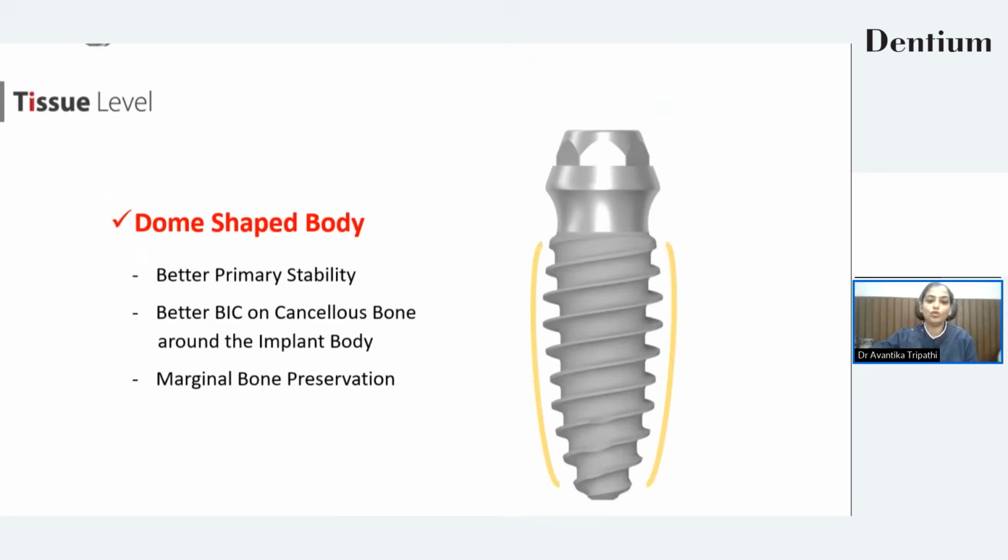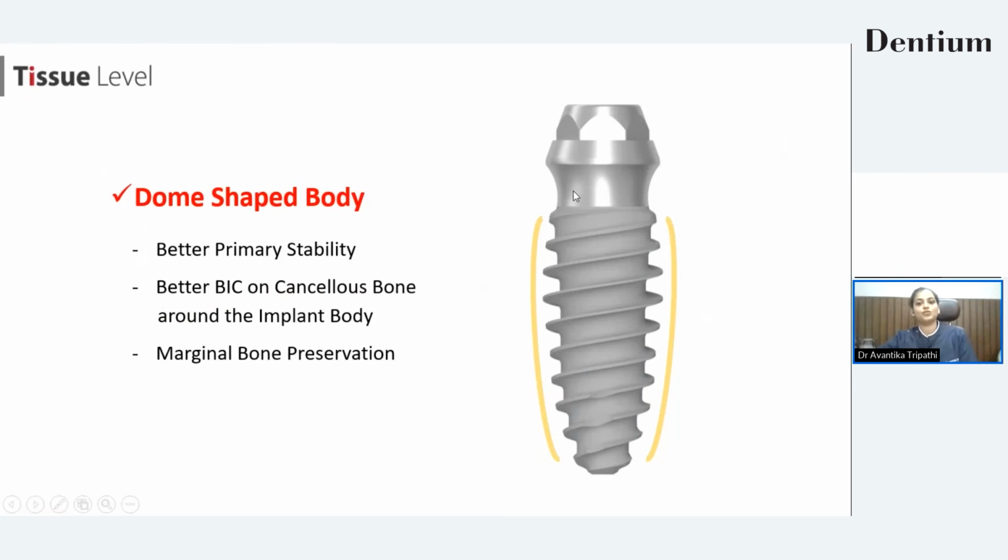It has a dome-shaped body, which again is very good for the preservation of marginal bone. The middle portion of the fixture is the widest, which is going to provide more bone to implant contact. In the center there is more cancellous bone, so the widest portion stays in the cancellous bone, whereas it has a narrow neck and a narrow tip.